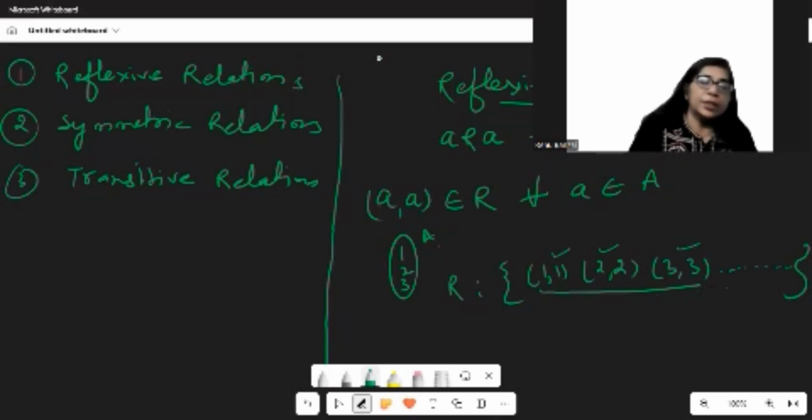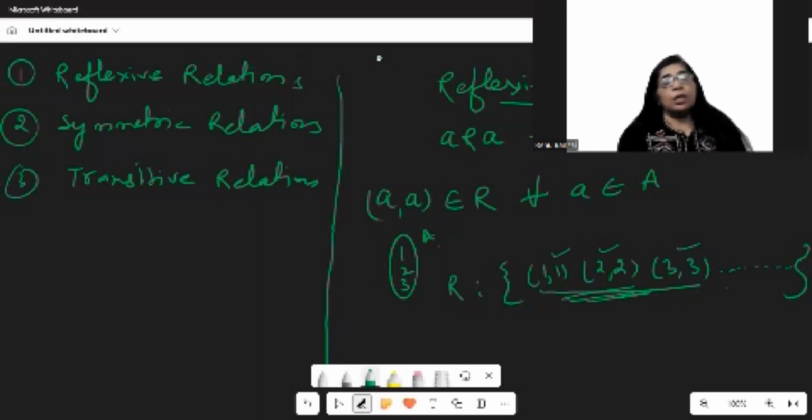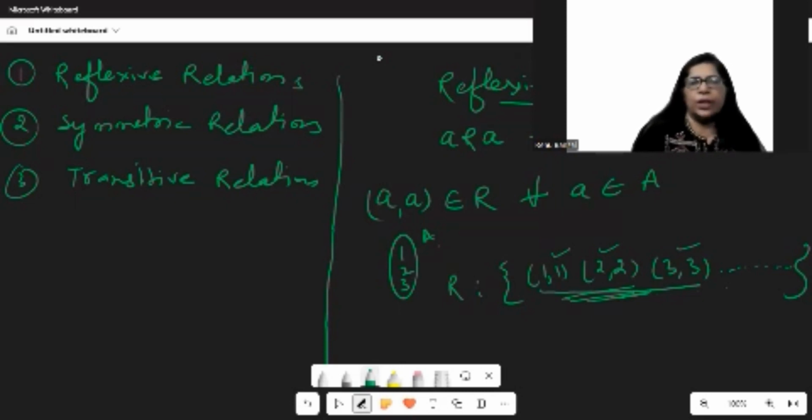But in identity, we can have only and only these elements. ठीक है बेटा? तो अब बच्चा, we can say reflexive relation need not be identity relation, but identity relation is always reflexive relation. क्लियर है बेटा? चलिए अब रिफ्लेक्सिव को like we'll understand with one more example.